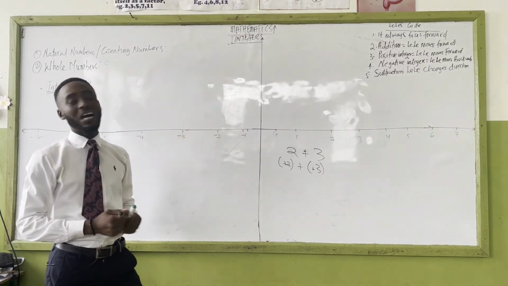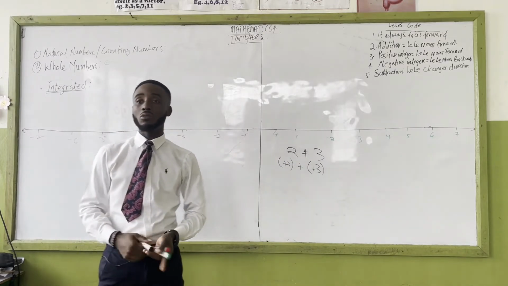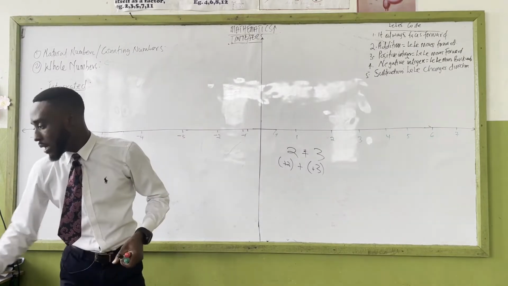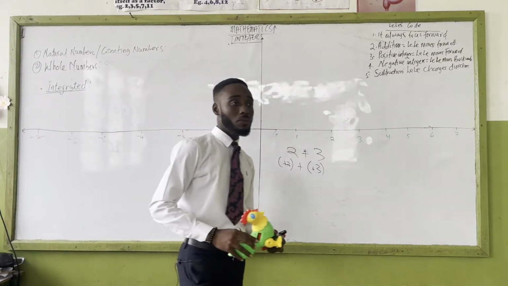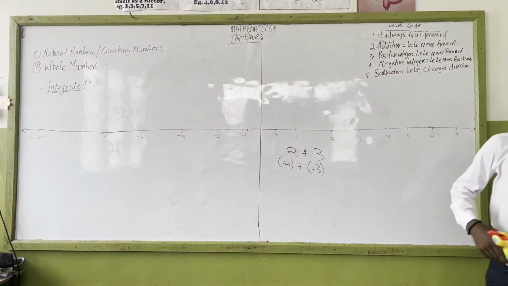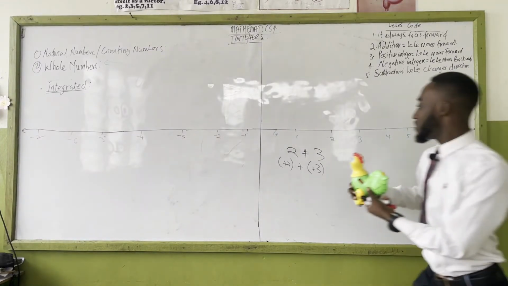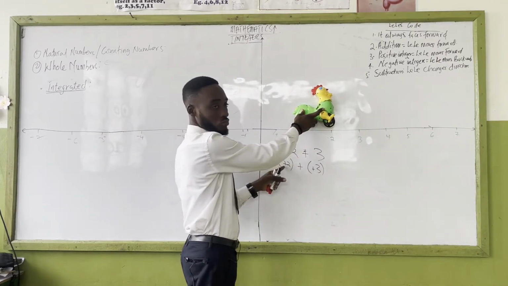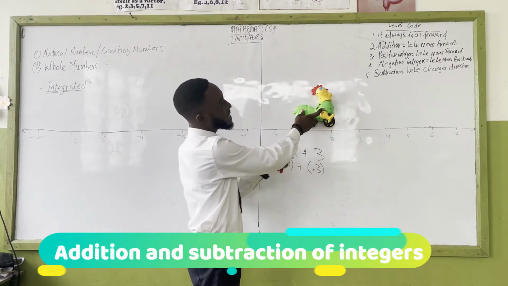Usually when you have 2 plus 3, we don't write the positive sign. Anytime there's no positive sign, it simply tells you that it's positive.